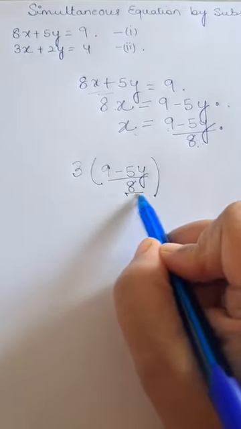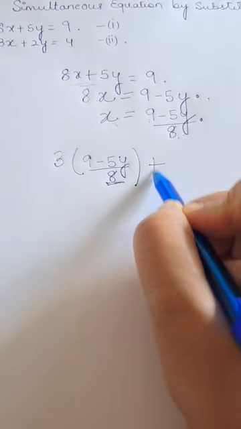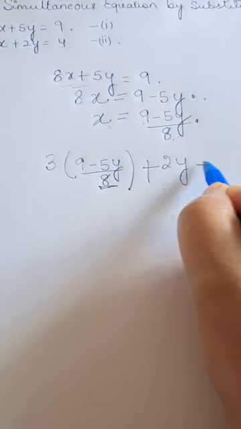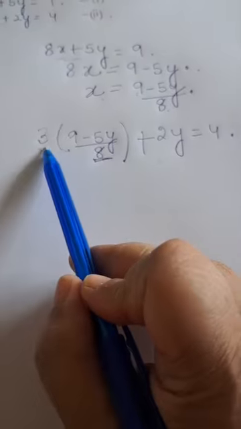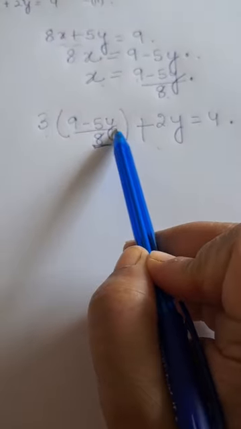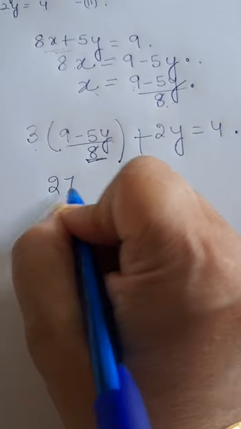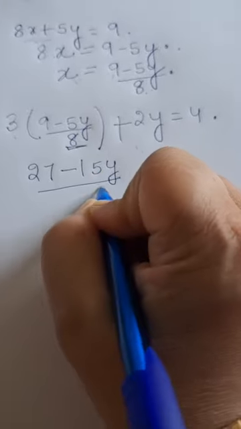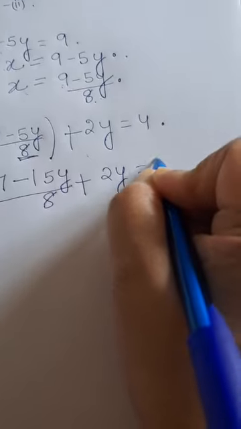In place of x in 3x we will write (9 minus 5y) by 8, plus 2y is equal to 4. Now we will solve it. So first we will multiply 3 with all the terms inside this bracket. So it will become 3 nines are 27 minus 3 fives are 15y upon 8 plus 2y is equal to 4.